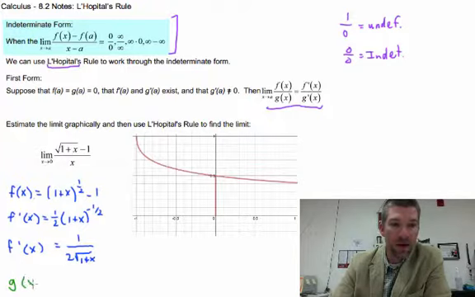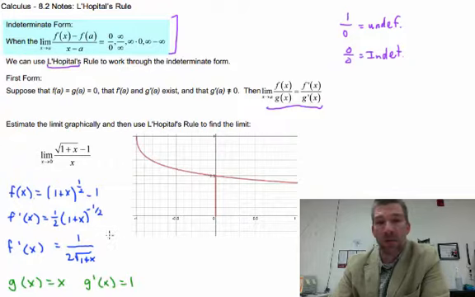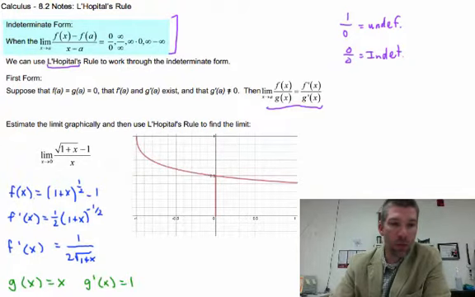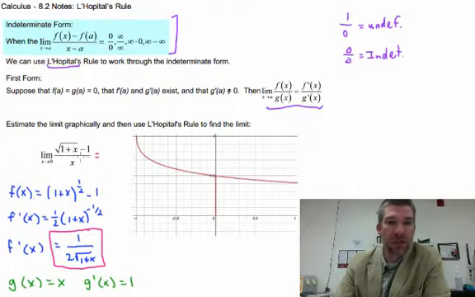So if g of x equals x, then g prime of x equals 1. So basically the denominator becomes 1, and we're left with just this guy over 1 according to L'Hopital's rule. So instead of having the limit as x approaches 0 of all of this, I would have the limit as x approaches 0 of 1 over 2 times the square root of 1 plus x.